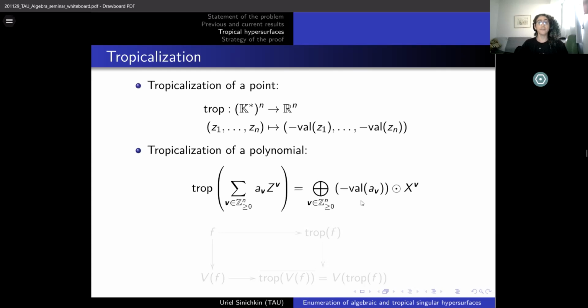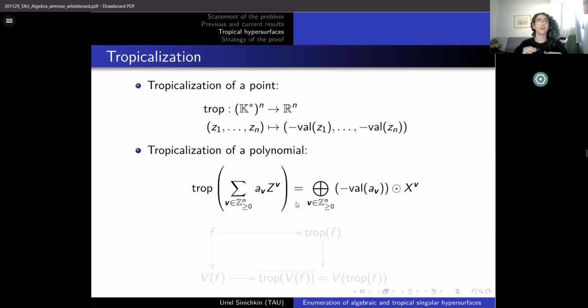How is it done? For a point where all the coordinates are non-vanishing, we can apply the negative of the valuation.